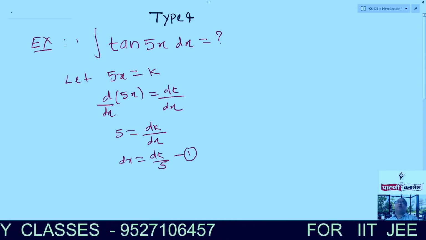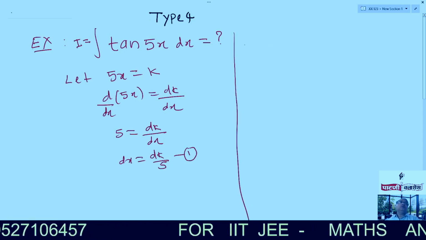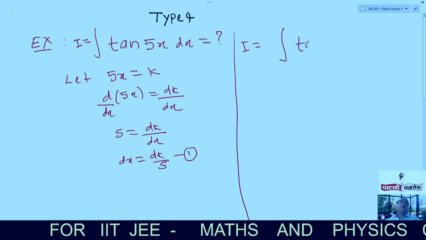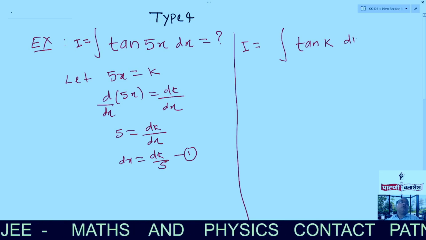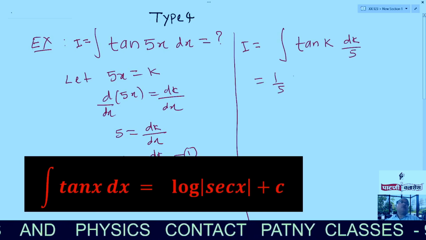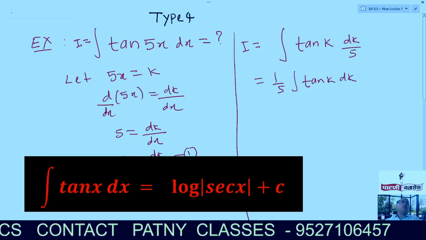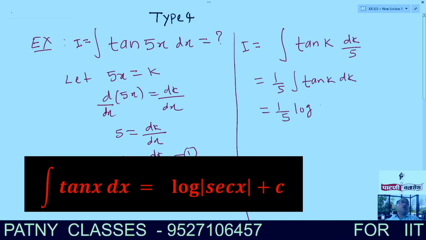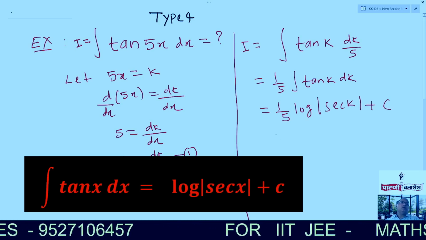The given problem is I, as usual. Now I equals, tan 5x can be replaced by k and dx equivalent to dk upon 5. So 1 upon 5 outside, integration of tan k with respect to k equals 1 upon 5 log of modulus of sec k plus c.